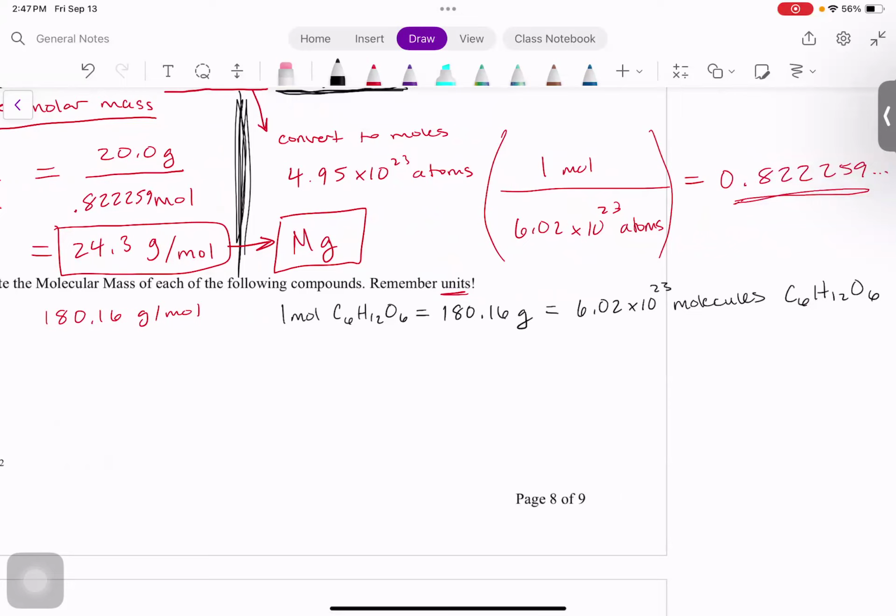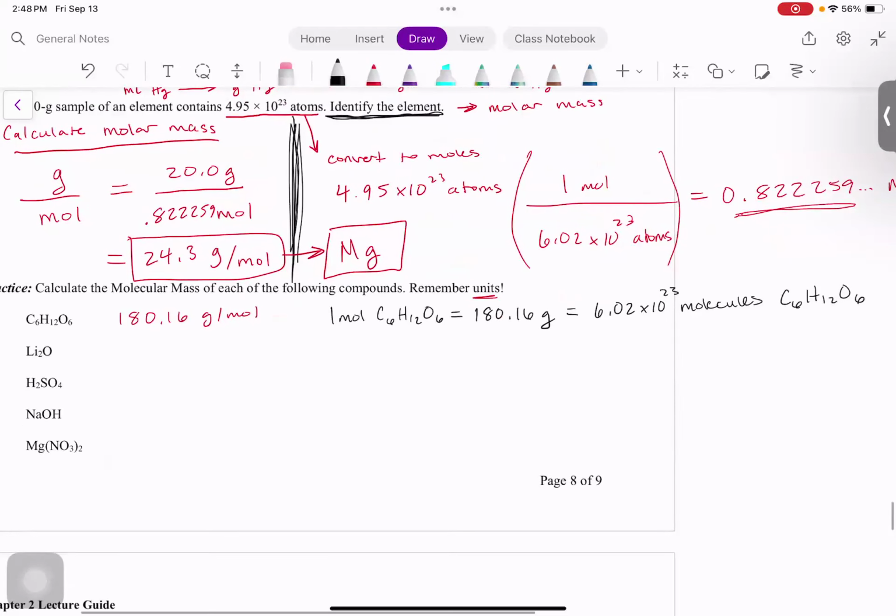So 1 mole of anything is 6.02 times 10 to the 23rd of that thing. Since the thing that we're dealing with here is not a single atom, but a molecule, 1 mole of this thing is 6.02 times 10 to the 23rd molecules of the compound.